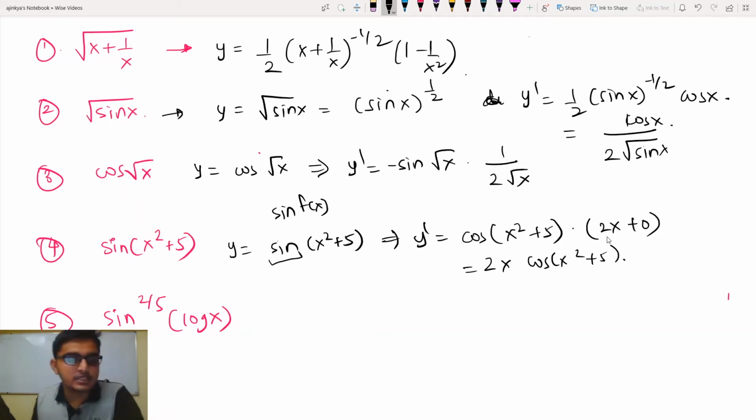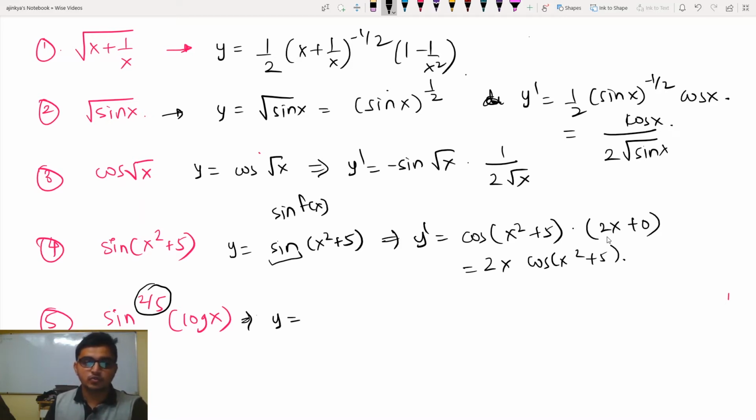Again, this is kind of tricky where you don't have an integer in the power, and this is going to be a tricky situation for some people, but trust me, it is the easiest example of all. So we have y equals sine of log of x raised to 2 by 5. Since it is raised to 2 by 5, we can use the box formula. Just keep 2 by 5 over here.